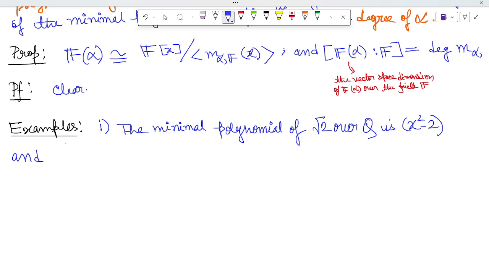And what is the degree of extension? You can also think manually: 1, root 2, because a plus b root 2 is there. Any element will look like a plus b root 2, which gives the basis 1, root 2. The degree of extension is the vector space dimension. There are two elements in the basis, 1 and root 2, so we can say that it is 2.